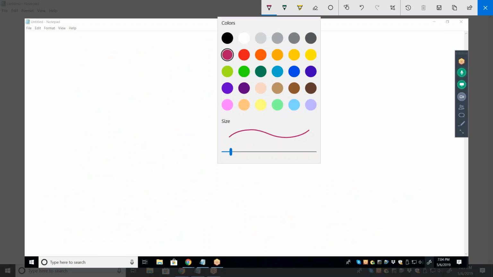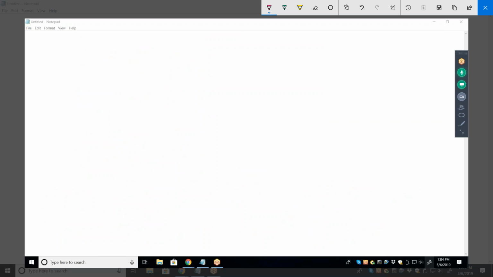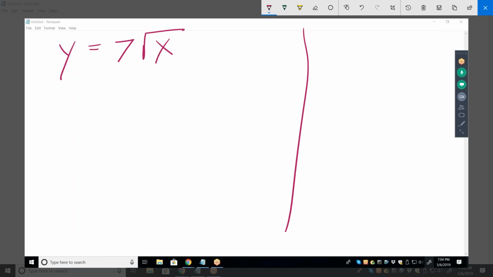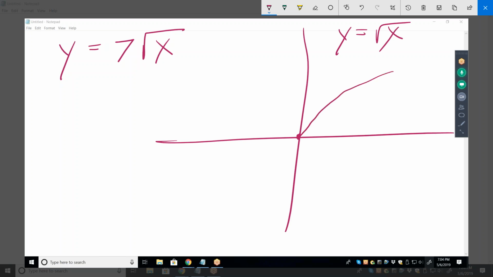All right. Next one's graphing. It's y equals 7 root x. It's a parent function, root x. Is this a vertical or a horizontal transformation?